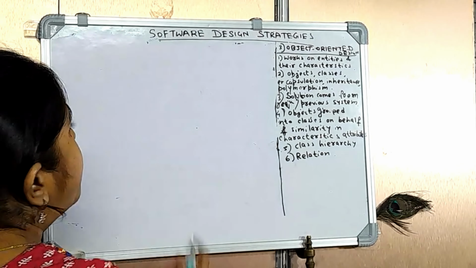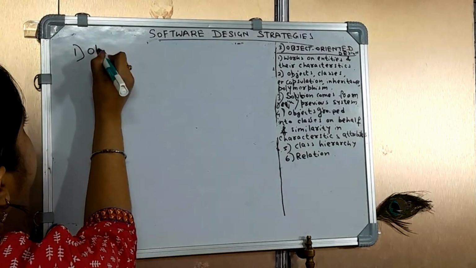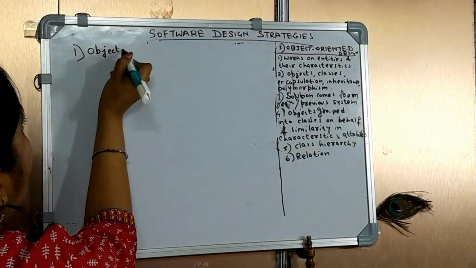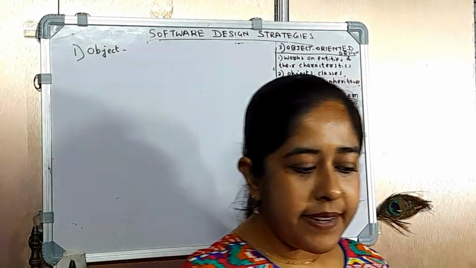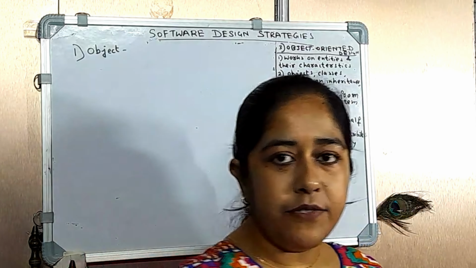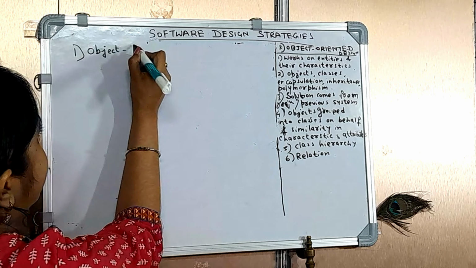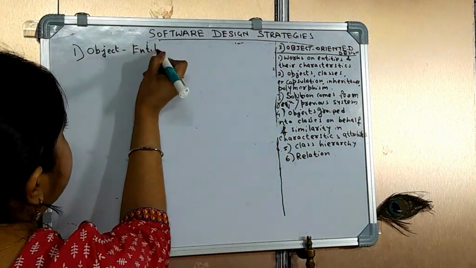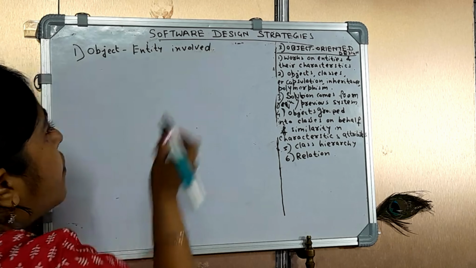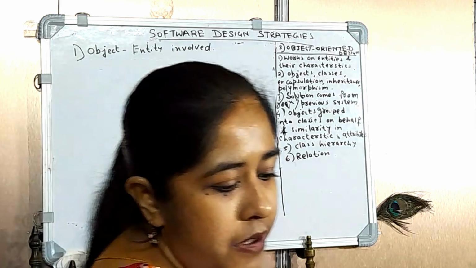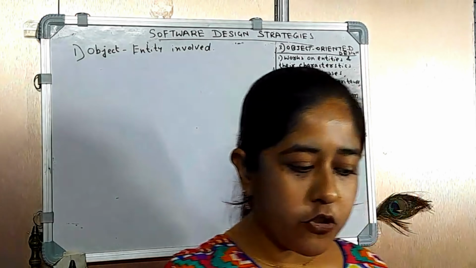There are some basic terms which we have to see in a brief manner. The first one is object. So what is an object? Mainly an object is an entity, which I have already told you, an entity involved. How we are going to work upon a particular entity, that is an object.